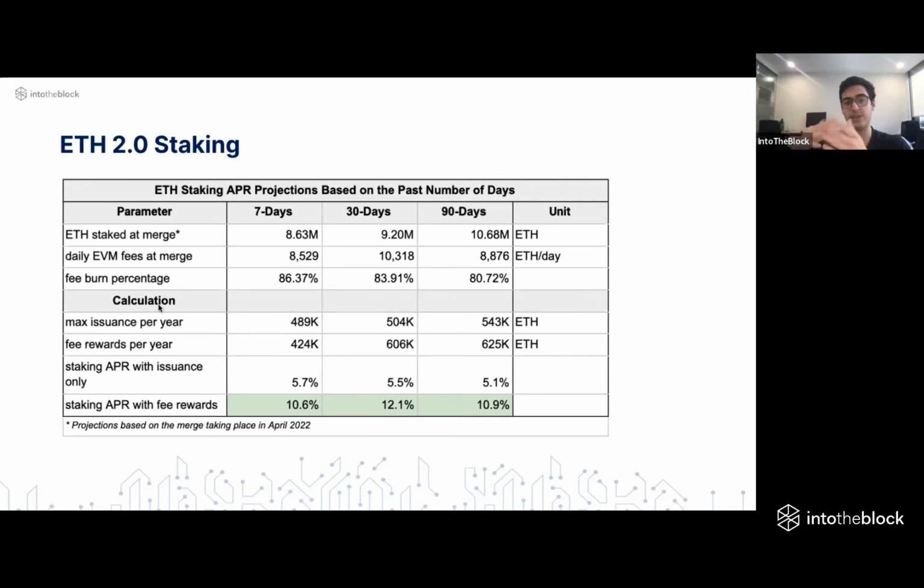The percentage that is burnt varies depending on the congestion of the network. I won't get into the full details of it, but essentially the more that is burned, the less that goes to stakers. But it also ends up being like an indirect dividend since there's less supply. So I hope that answers your questions.